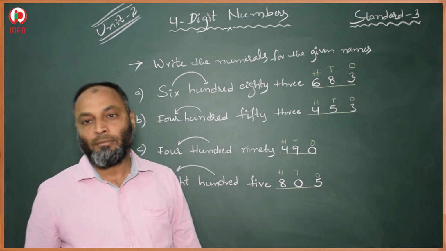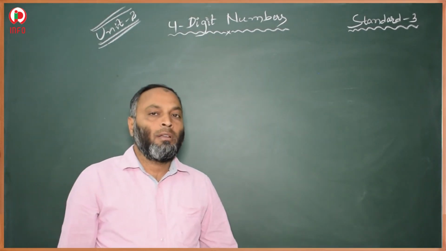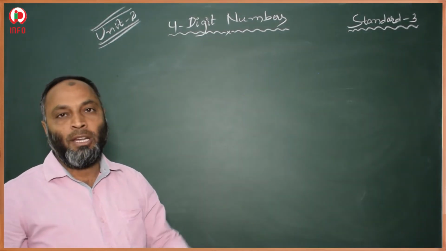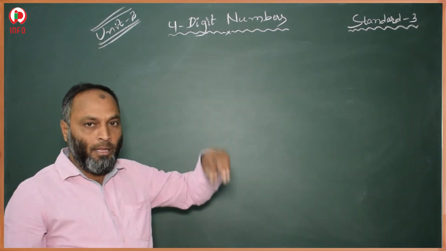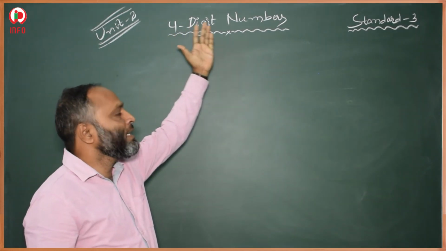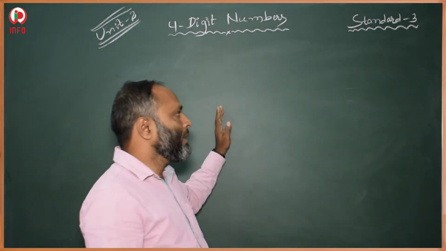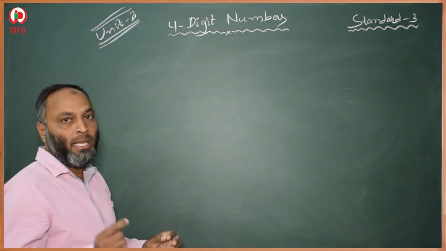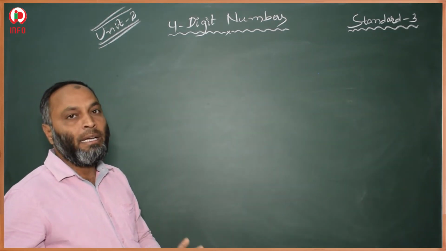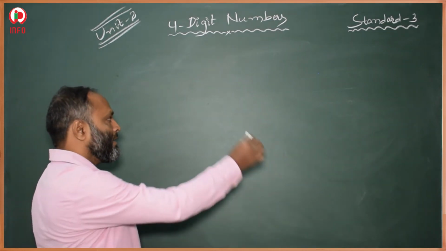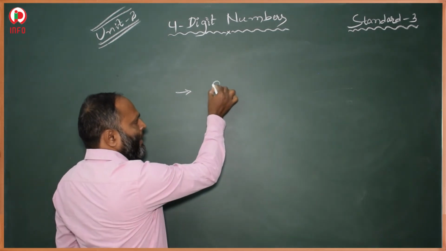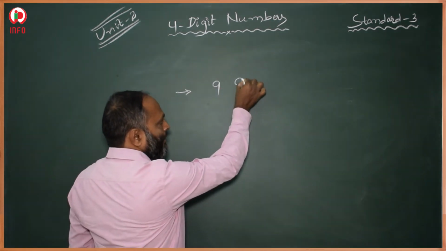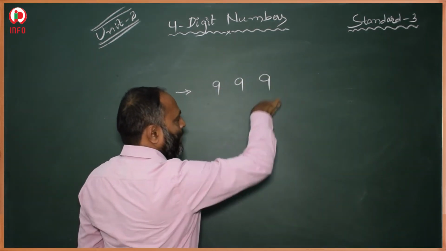Thank you. Now friends, now that we have recapitulated 3-digit numerals, our topic is 4-digit numbers. So what is the highest, means largest, 3-digit numeral? That is 999.